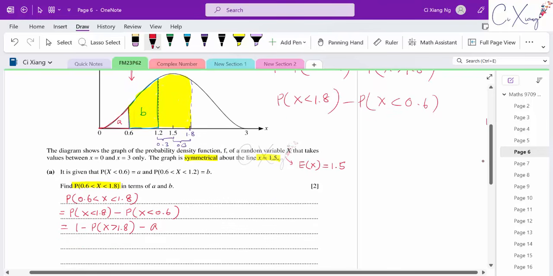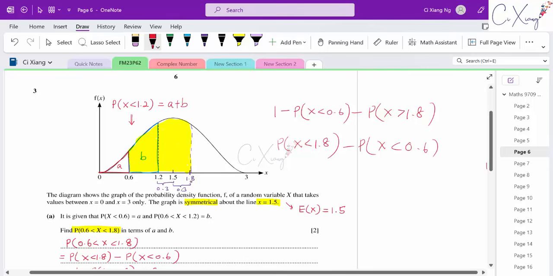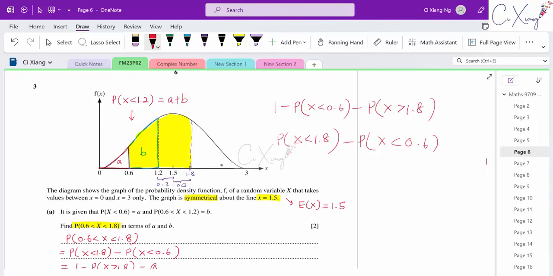And then what is the area for x greater than 1.8? Like what I mentioned earlier, 1.8 and 1.2 are symmetrical on the graph. So the area smaller than 1.2 will be equal to the area greater than 1.8.